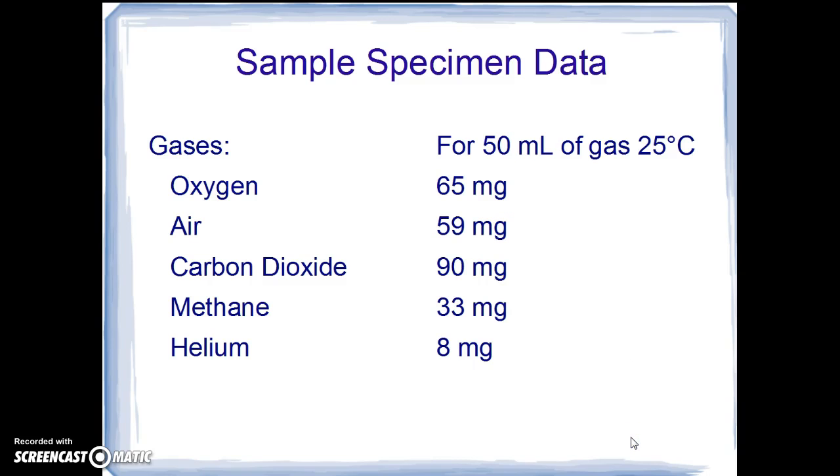You've come back with some data, and from a prior high school work, we have specimen data for you to look at. For 50 milliliters of gas at 25 degrees Celsius, we have oxygen, air, carbon dioxide, methane, and helium, and you can see the difference in these masses.